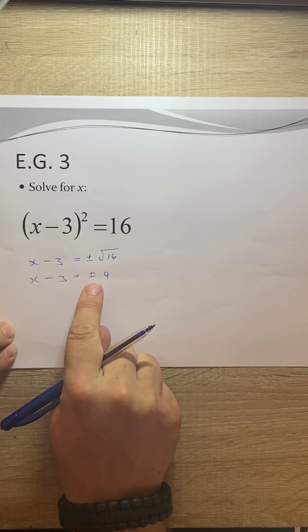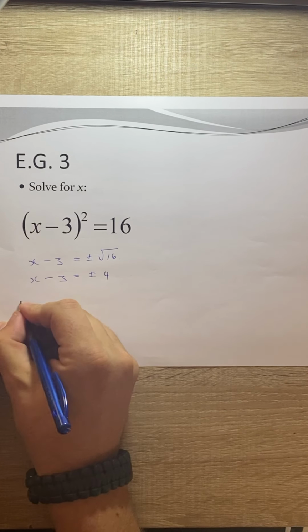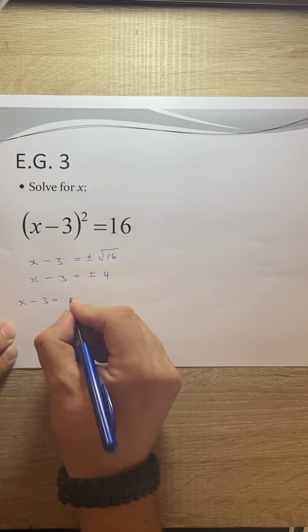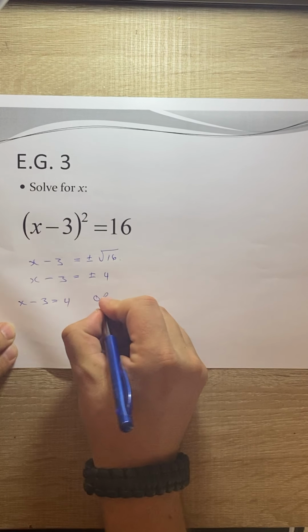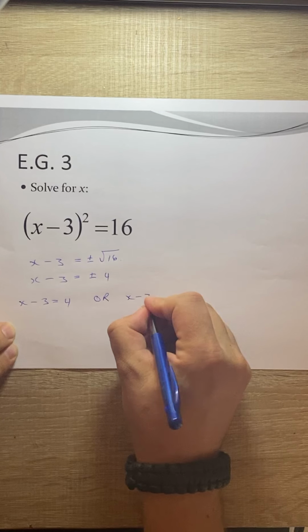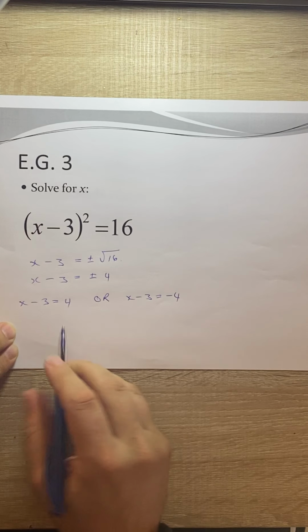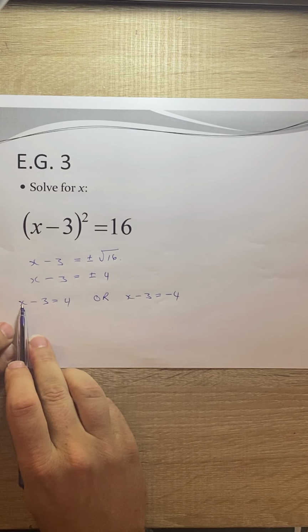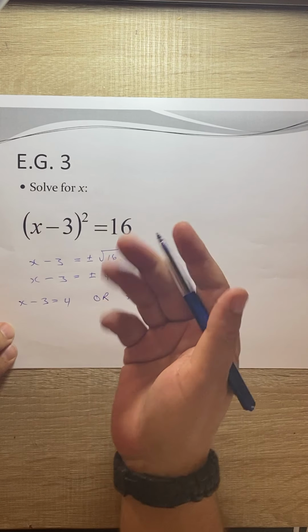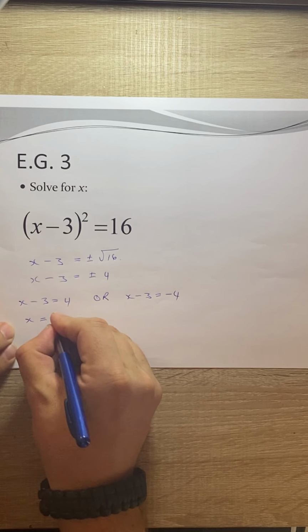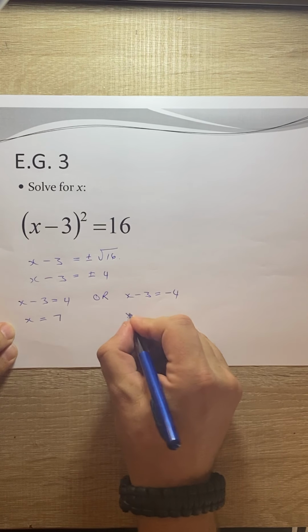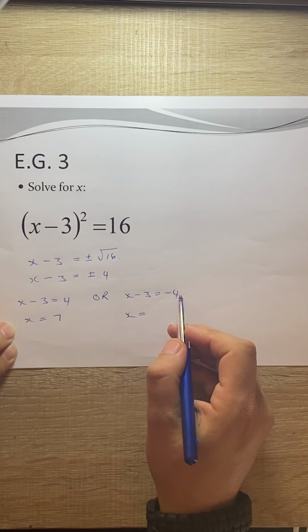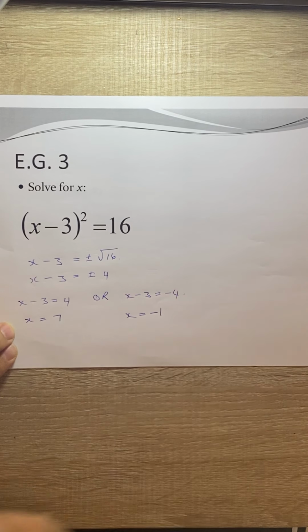I'm going to break it down for the positive one and the negative one. So we get x minus 3 is equal to 4 for the positive, or x minus 3 is equal to minus 4. Still need to solve for x, so I take the minus 3 to the other side, it becomes a plus, and we get x is equal to 7. X is equal to, take the 3 to the other side, becomes a plus, so we get x is equal to minus 1.